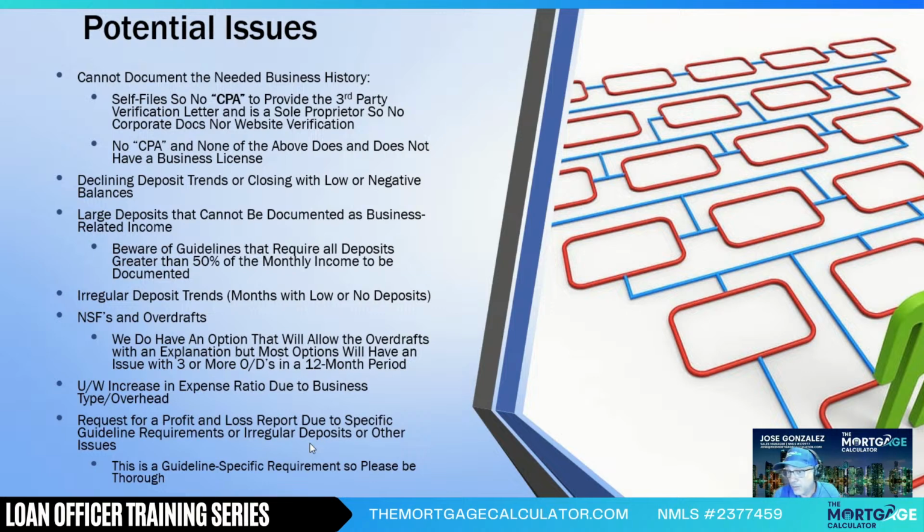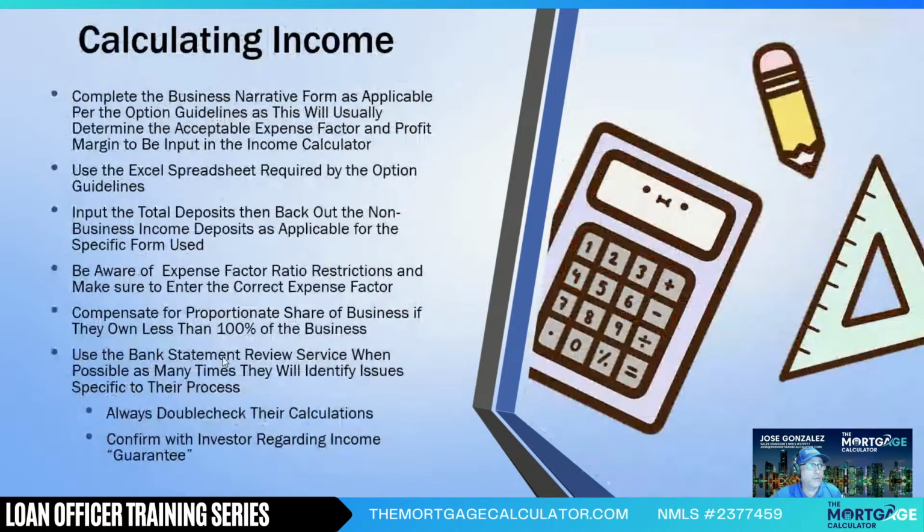Because some do, most do not. So people assume that the program does not require a P&L, but some do. Don't get caught off guard. So make sure that you are thorough in your guideline review. Like I mentioned, this is a guideline-specific requirement, so please be thorough.